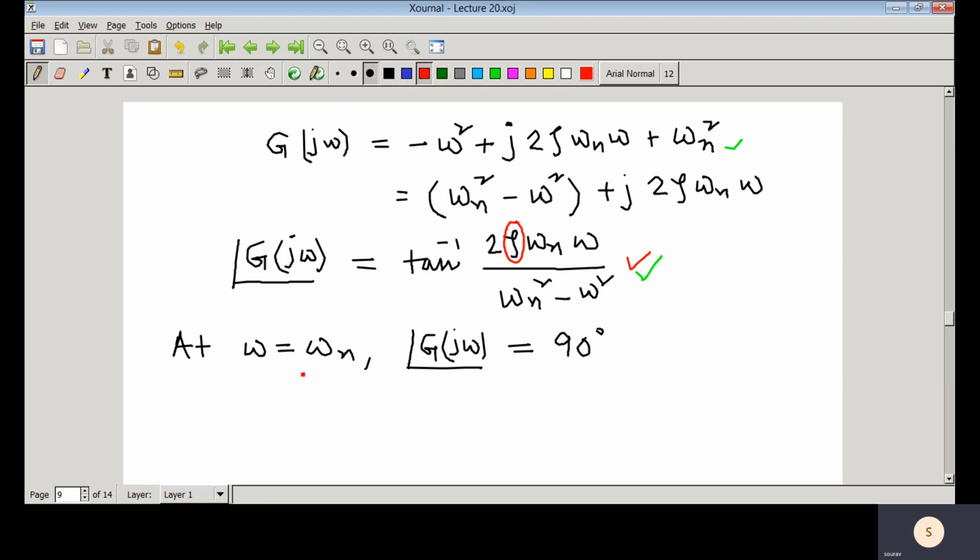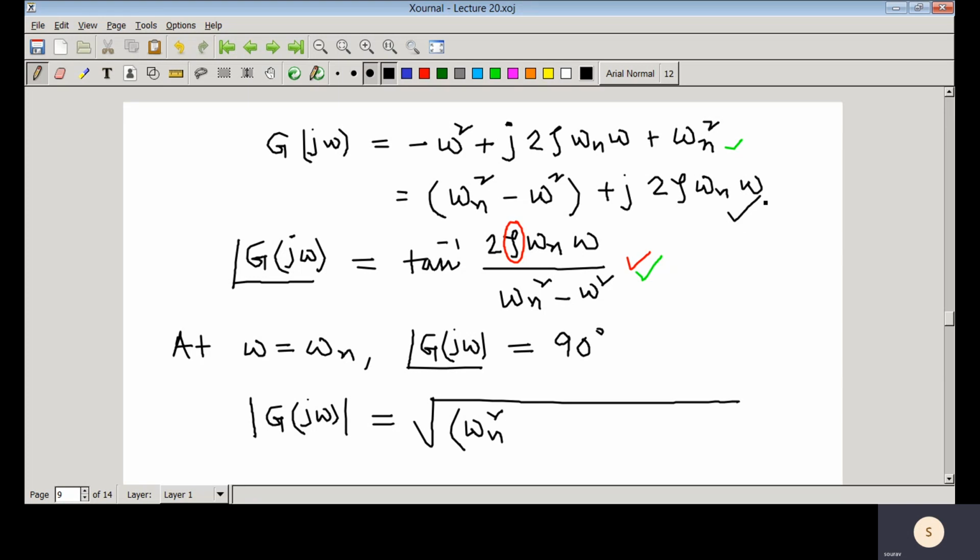And what would be the gain? If you find the gain of g of j omega, it would be the square root of omega n square minus omega square whole square plus twice zeta omega n omega whole square.